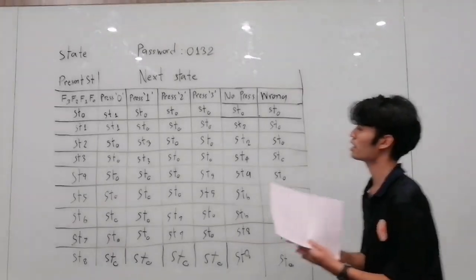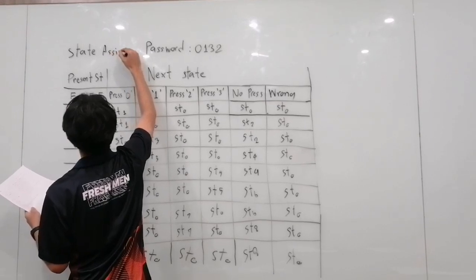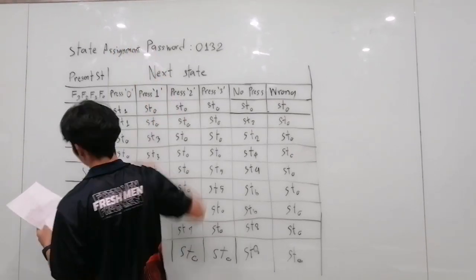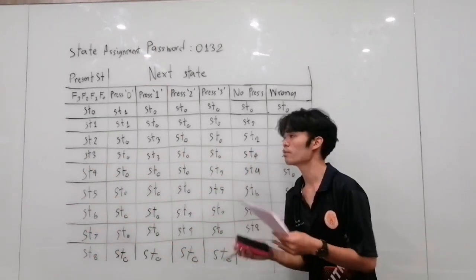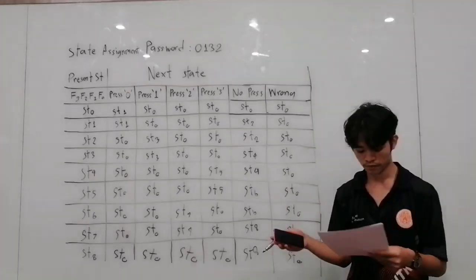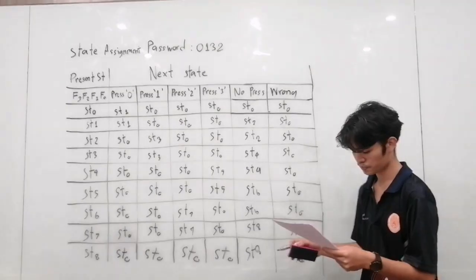Next is state assignment. I will change the variables in the state table to binary form to use for making the logic block equations.